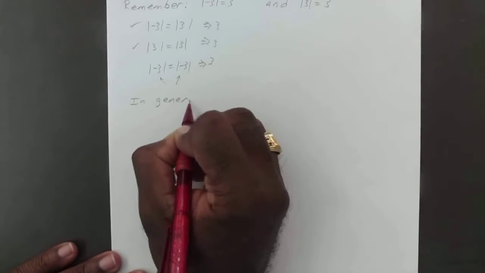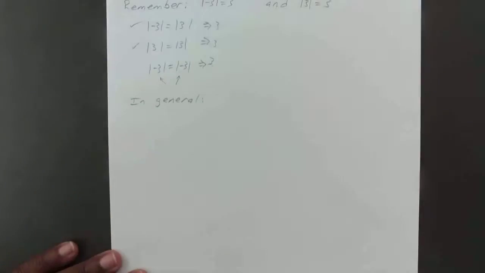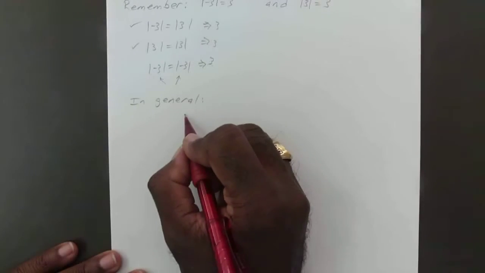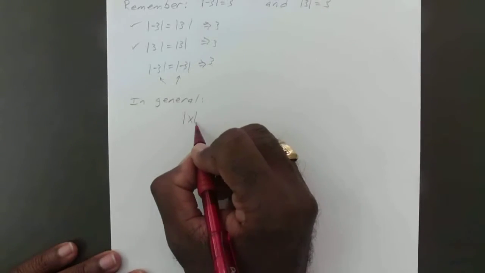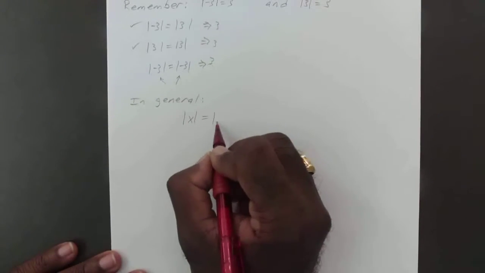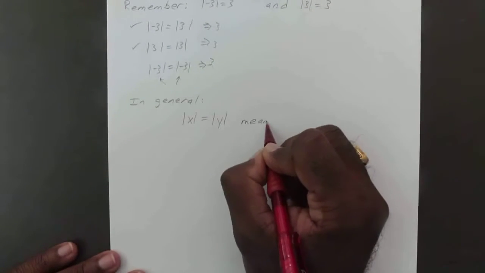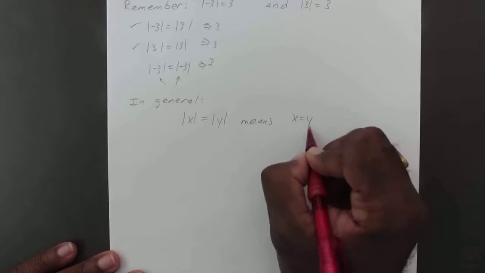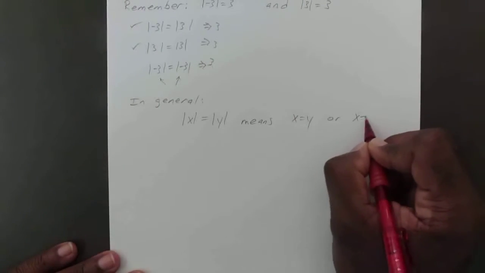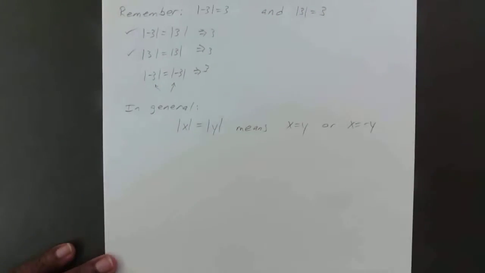So in general, if you have the absolute value of x equal to the absolute value of y, that means x equals y or x equals -y.